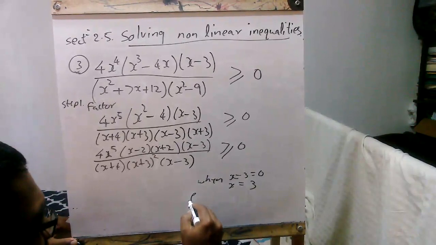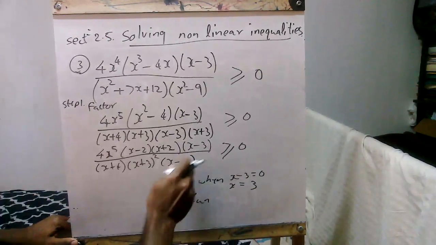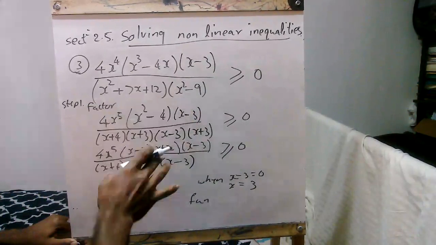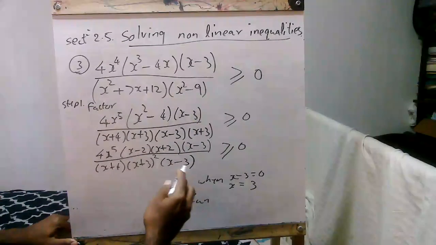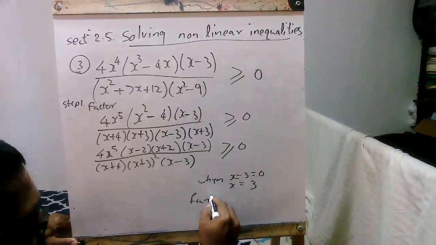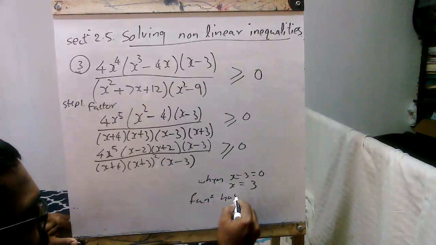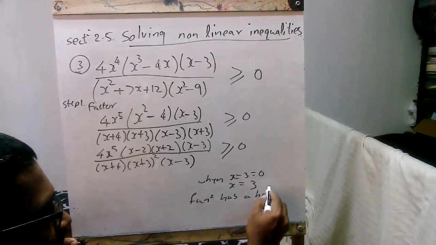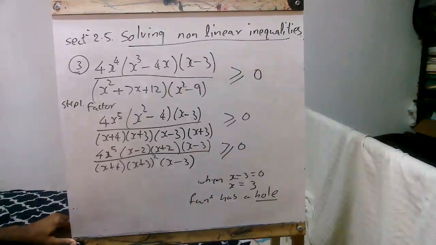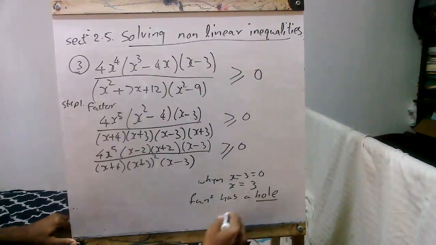I'm going out of the topic. Our job is to solve these inequalities. What I'm telling you is why you shouldn't cross this out. The function has a hole. This topic we're going to discuss later on, when time comes.